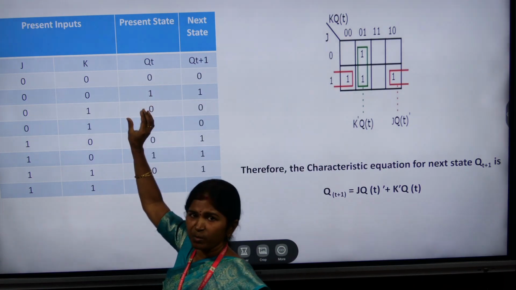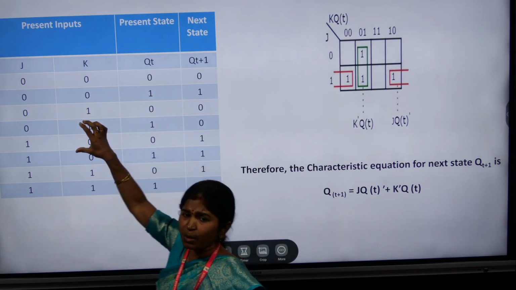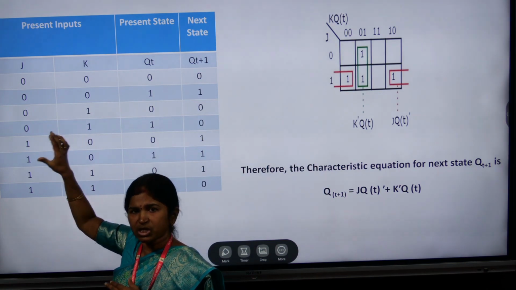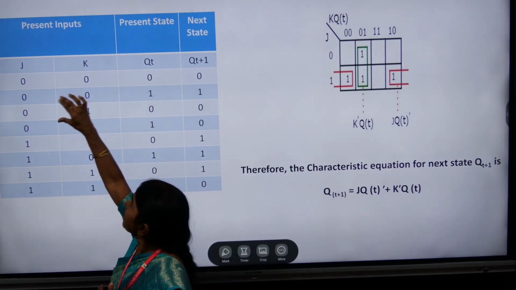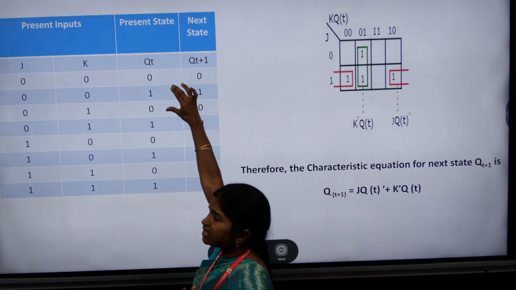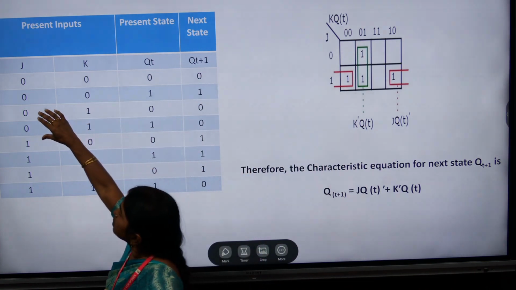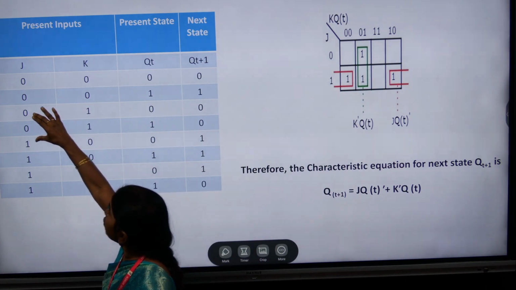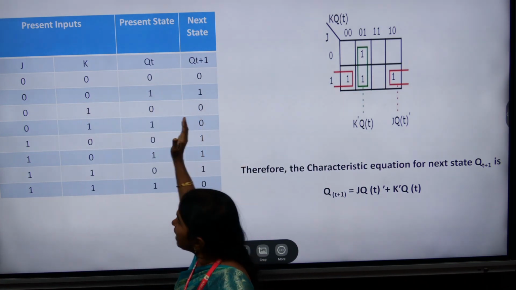So characteristic table means present state values we are taking as 0, 1, 0, 1, 0, 1 for all possible values of JK as 0 0, 0 1, 1 0 and 1 1. So for the first combination, J and K values are 0. So that present state value will be continued in the next state. When J is 0 and K is 1, then the flip-flop is reset. That is Q of T plus 1 value is made 0.